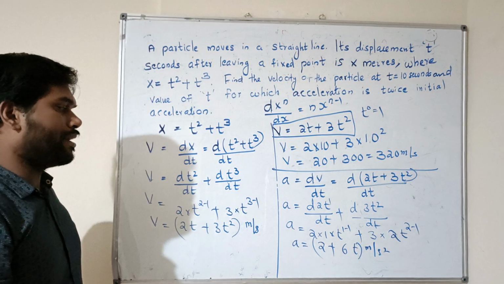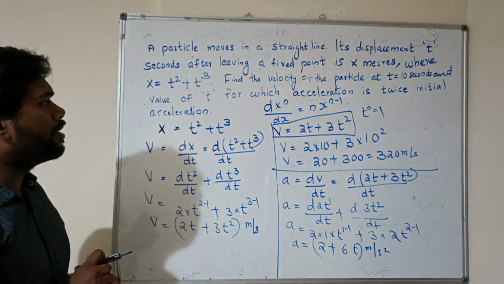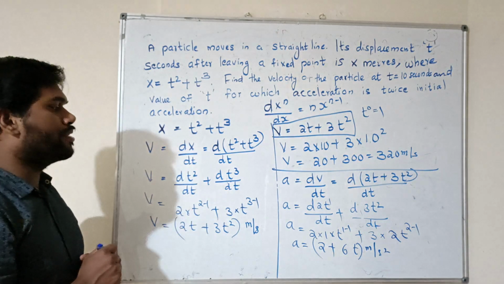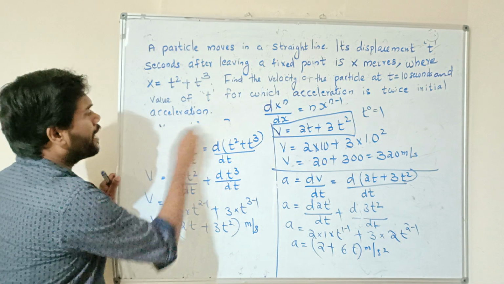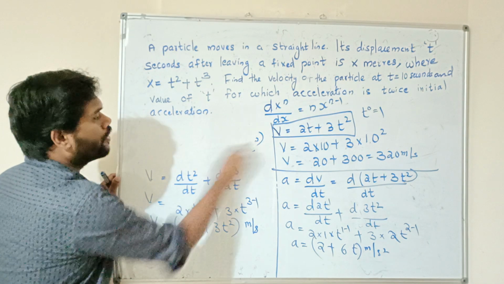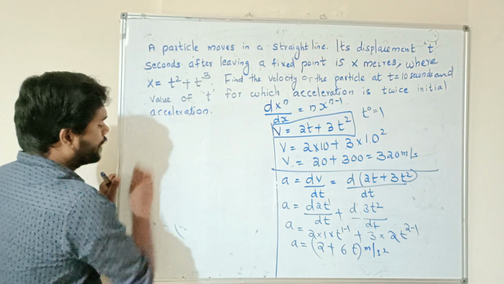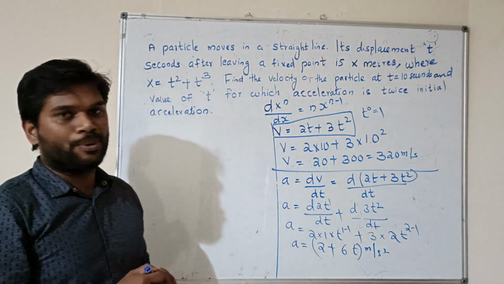Now, we haven't finished yet. We need to find the time for which acceleration is twice the initial acceleration. So first we'll find the initial acceleration of the particle. Initial acceleration will be the acceleration at time t is equal to 0.